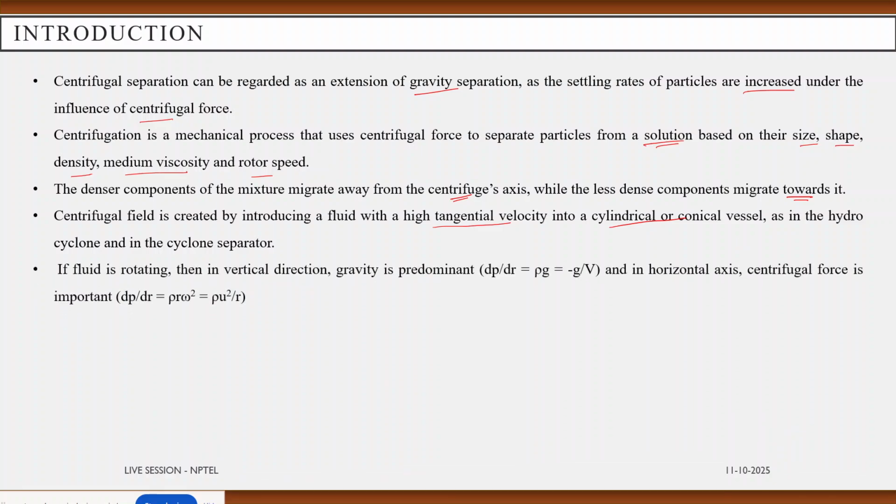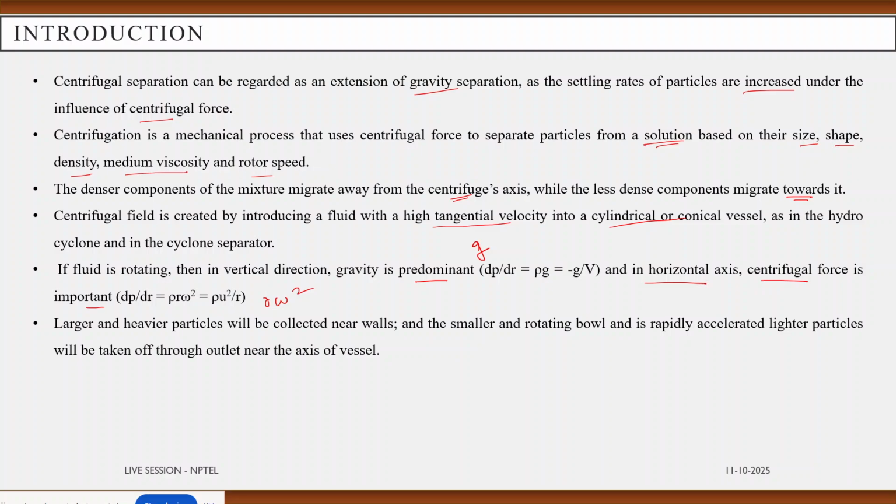If the fluid is rotating, then in the vertical direction gravity becomes predominant, and in the horizontal direction centrifugal force becomes important. You know that gravitational force is denoted as g, whereas the horizontal or centrifugal force is denoted by r omega square, right?